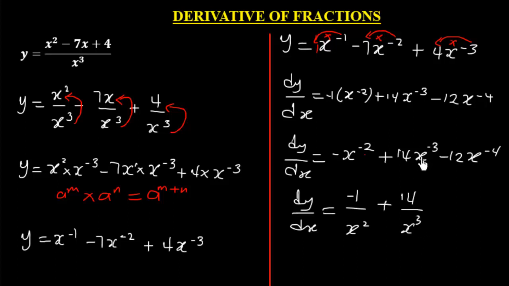And this one too, we have moved the x to the power negative 3 to the denominator side, so the negative 3 in the exponent will change to positive. Now minus 12 over x to the power 4. This one too, the negative 4 in the exponent has been moved down here, so the sign will change from negative to positive. So that is how we can find the derivative in the differentiation of a fraction.